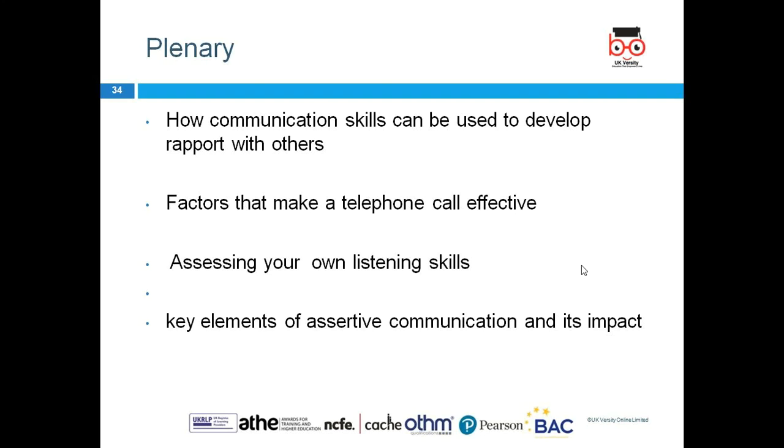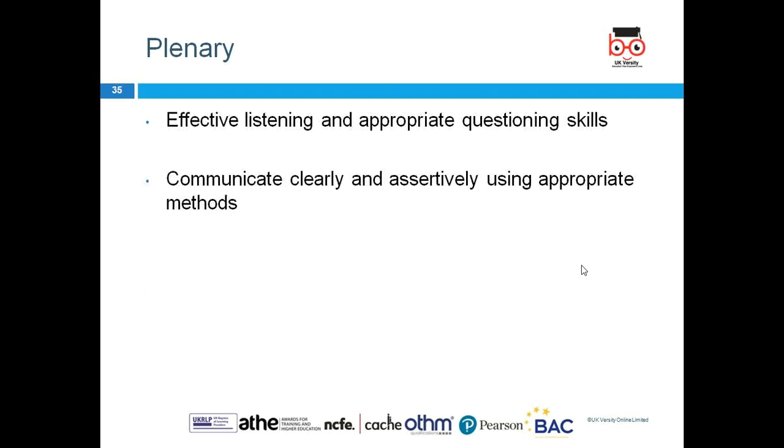We looked at how to assess your own listening skills, and then the elements of assertive communication and its impact. Then, the last two, we looked at effective listening and appropriate questioning skills, where you'd either include an example of a time you dealt with an upset customer, or an example of a role play between you and a customer.